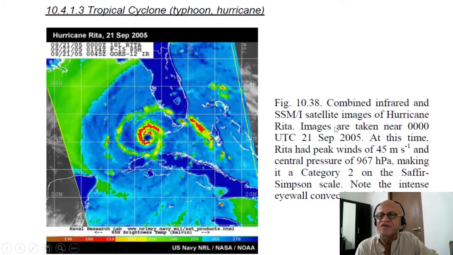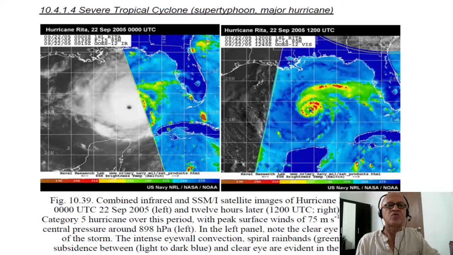And combined infrared SSMI satellite images show here again on 21st September Rita with peak winds of 45 meters per second and central pressure dropping to 967 hectopascal, already category 2 on the Saffir-Simpson scale. The intense eye wall and convection are now very clearly seen, so you can see the feeder bands spiraling into the eye wall, and the hurricane is now well formed and off on its way.